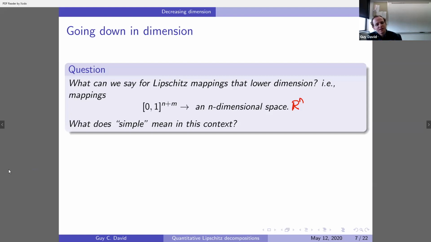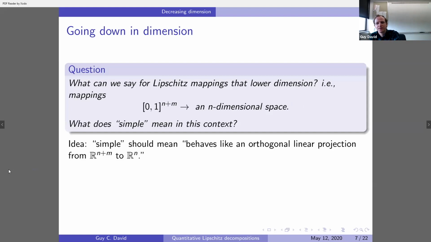And again, the question we should start with is, what does simple mean here? Well, it's not too hard to answer this question. What is the simplest possible mapping from an n plus m dimensional space to an n dimensional space? It's just an orthogonal projection, right? That is the model for the simplest possible mapping, right?